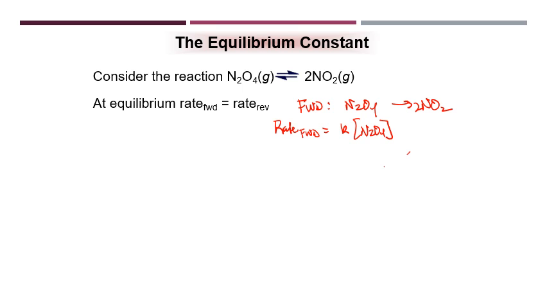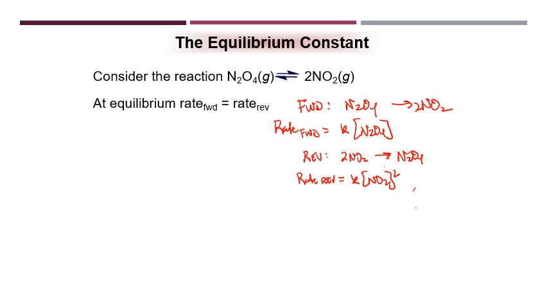We can assume that this is an elementary step for a reaction, so we can use the coefficients for the orders. And then if I were going to write the reverse reaction, I would have 2NO2 going to N2O4, and I could write the rate for the reverse reaction being equal to K times the NO2 concentration squared.